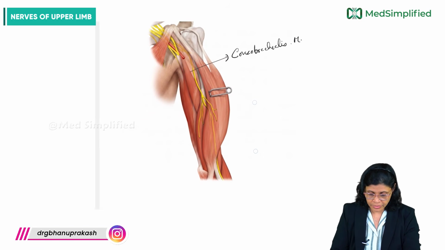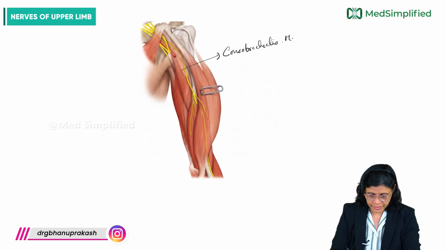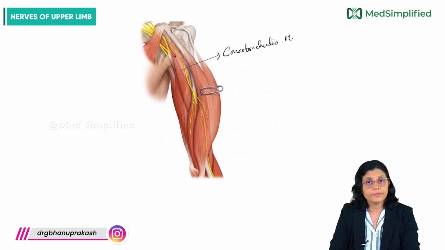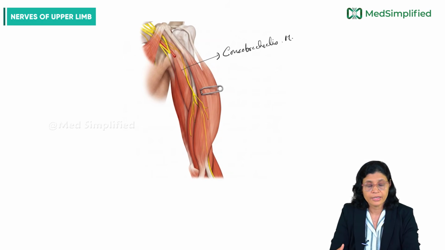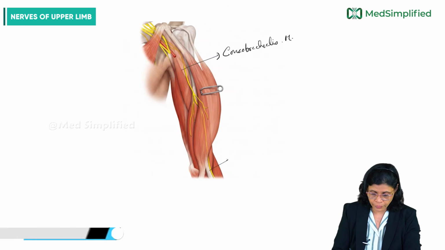Along the lateral part of the tendon of the biceps, in the lower part near the cubital fossa region, it will continue as the lateral cutaneous nerve of forearm.